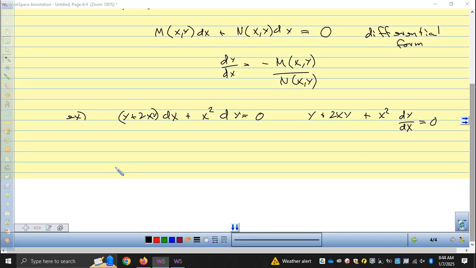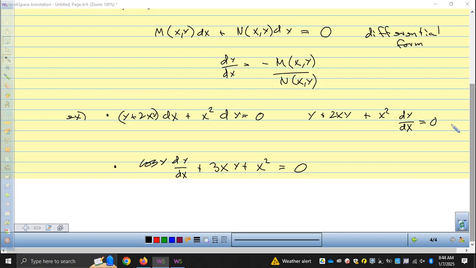We could have, just another example, cosine y dy dx plus 3xy plus x squared equals 0. First order ordinary differential equation. We could write it in differential form.